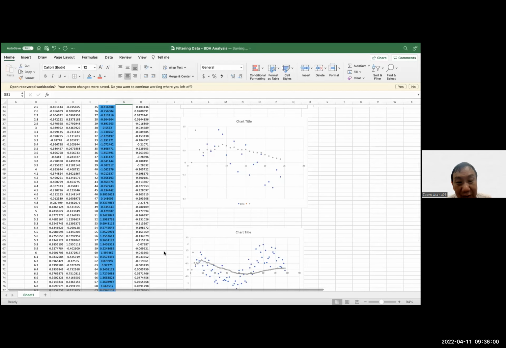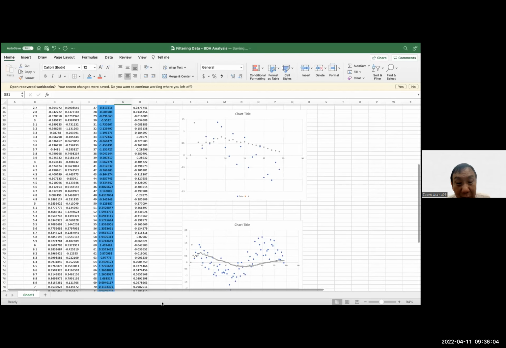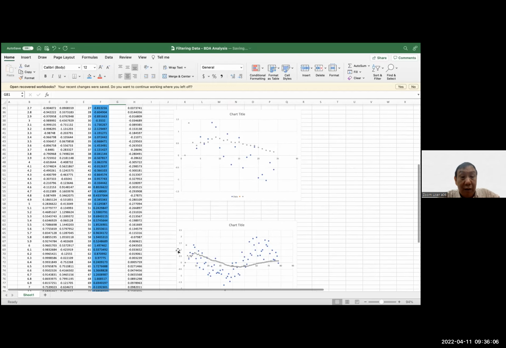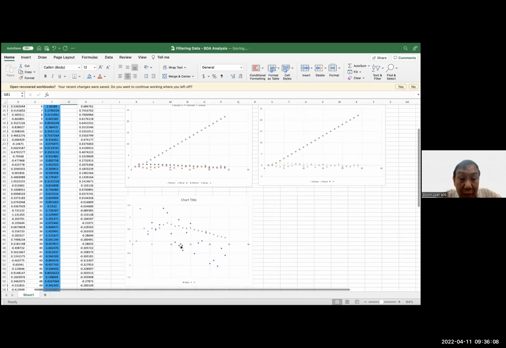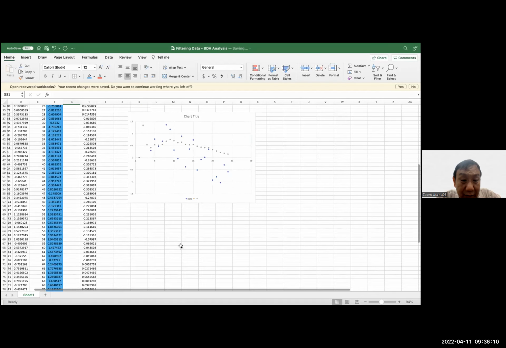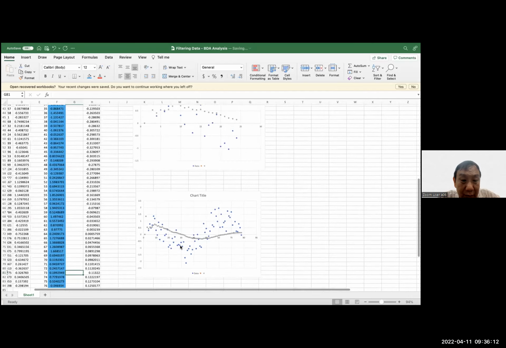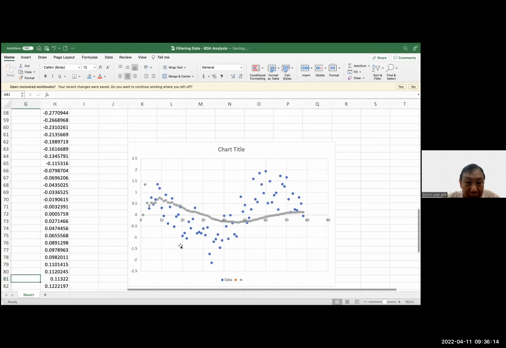Okay. Now we can see, right? So you can see the time average is actually helping. Okay, this one you can see. The time average is actually helping to find the pattern from the noisy data. So when your noisy data is going up, your time average is also going up.